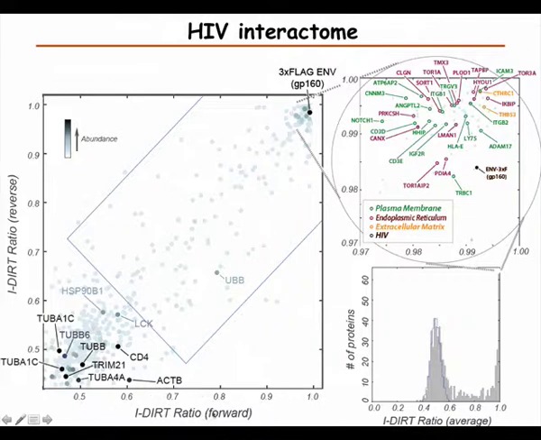It was done both so that the tagged was in light medium and the wild type in heavy, and then we switched it also. What we see here is a bunch of proteins up here close to the 1 for one-to-one ratio. So these are the really specific ones.